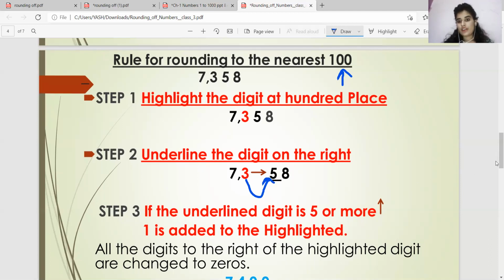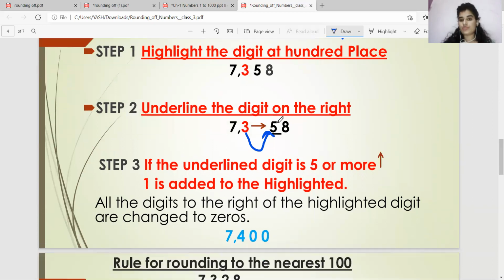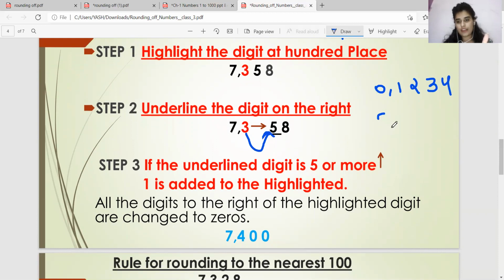Now you have to check whether this right side digit lies in the first slot, which has 0, 1, 2, 3, 4, or in the second slot, 5, 6, 7, 8, 9. We can see this right side digit is 5, and 5 lies in the second slot.